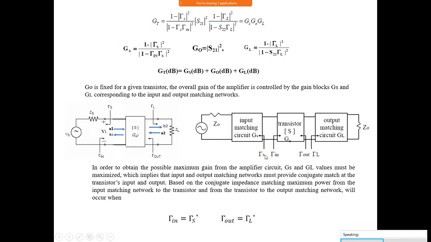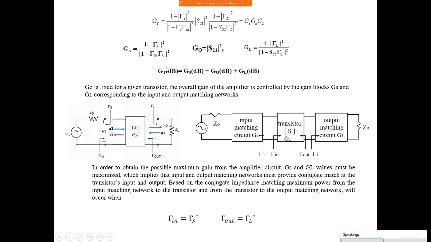What is the value of TOS? How to choose ZS? Choosing TOS means we have to choose the ZS value, the input impedance between these two terminals. What should be the value of input impedance to get GS equal to 4 dB? Similarly, what is the impedance, by connecting this matching network, to get GL equal to 4 dB? That we have to see here.